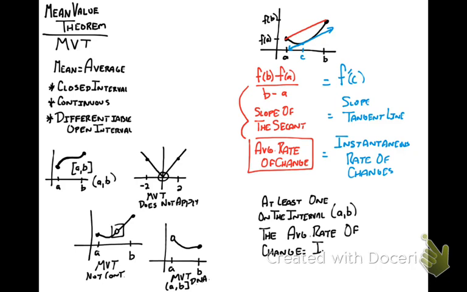Right? Or at some point, if you want to think about it in terms of velocity, the average velocity will equal the instantaneous velocity. It could be at more than one point, but it must occur at least one point.